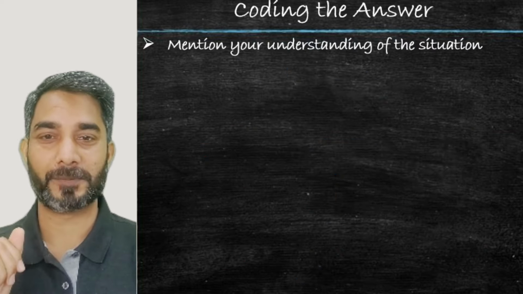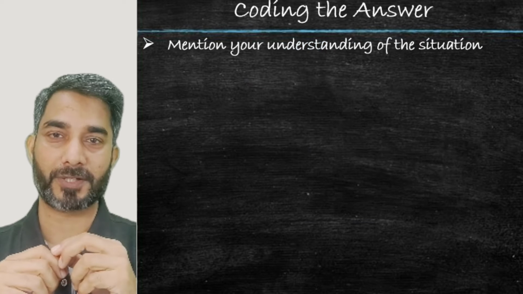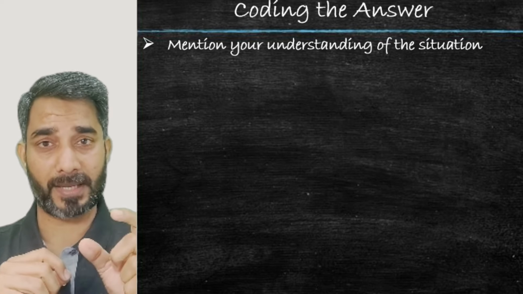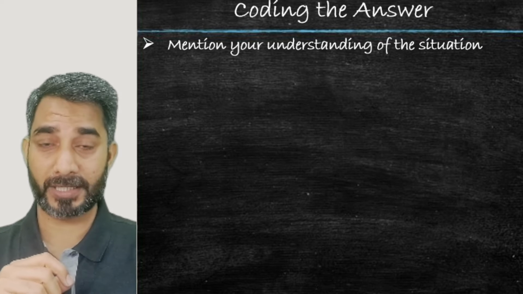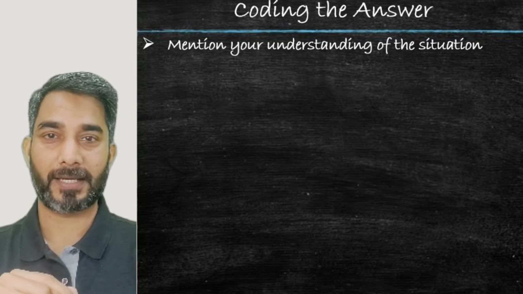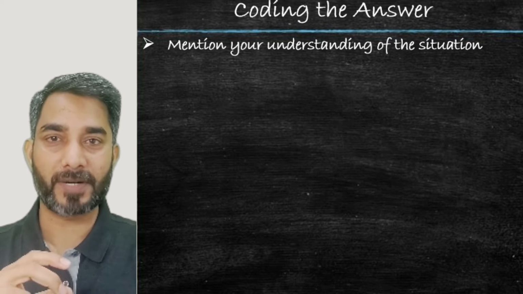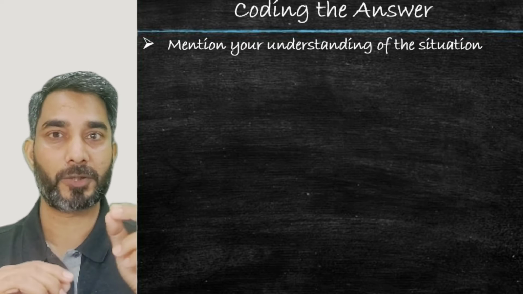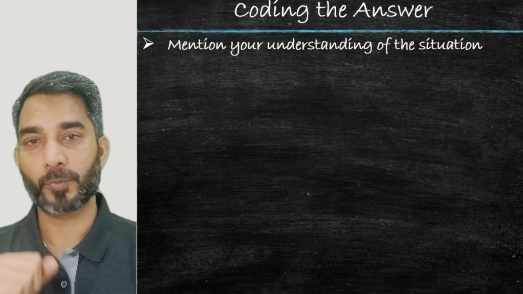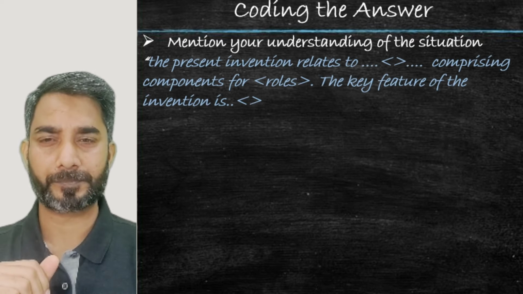Let's go about it. The first step is to write your understanding of the invention. And you should write in a manner so that you define the objective, you identify components which are unique, and you tie them with an improvement or any functionality that is peculiar to your invention, right? How do we do it? This is how it is, a template basically.